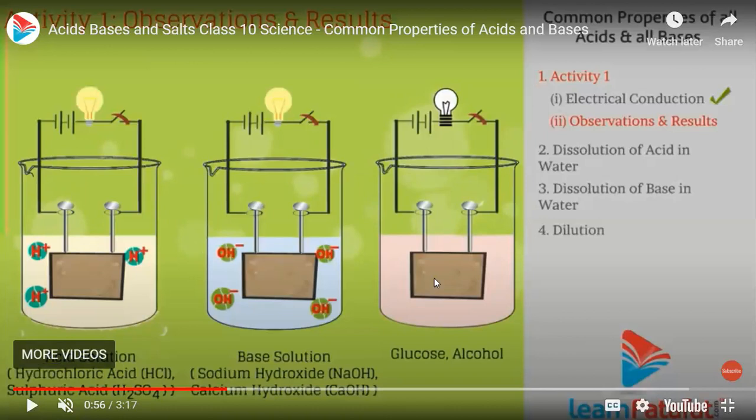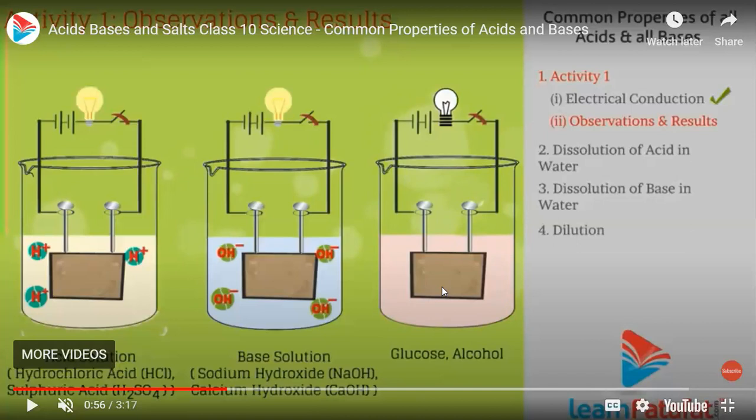Now in case of glucose and alcohol, since the formula says C6H12O6 and C2H5OH for alcohol, the bulb will not glow because there the tendency of formation of H plus ions and OH minus ions is negligible.